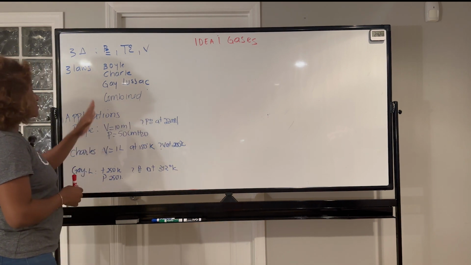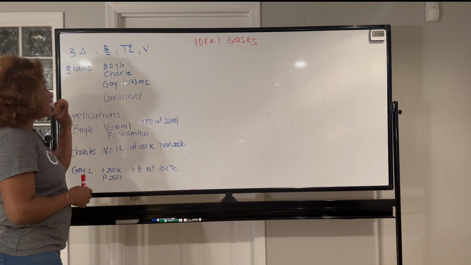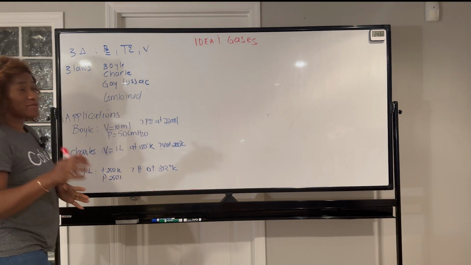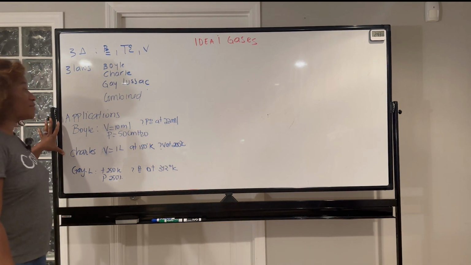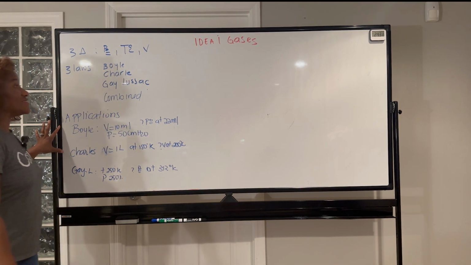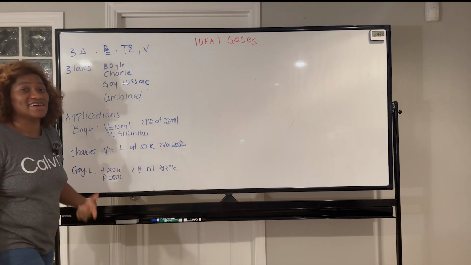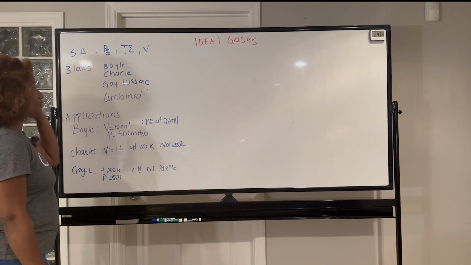These laws are Boyle, Charles, and Gay-Lussac, and then we have a combined one. I'm going to share a trick on how to memorize them, and we're going to do some applications and see how we can use them at the anesthesia bedside. So let's start with the laws first.